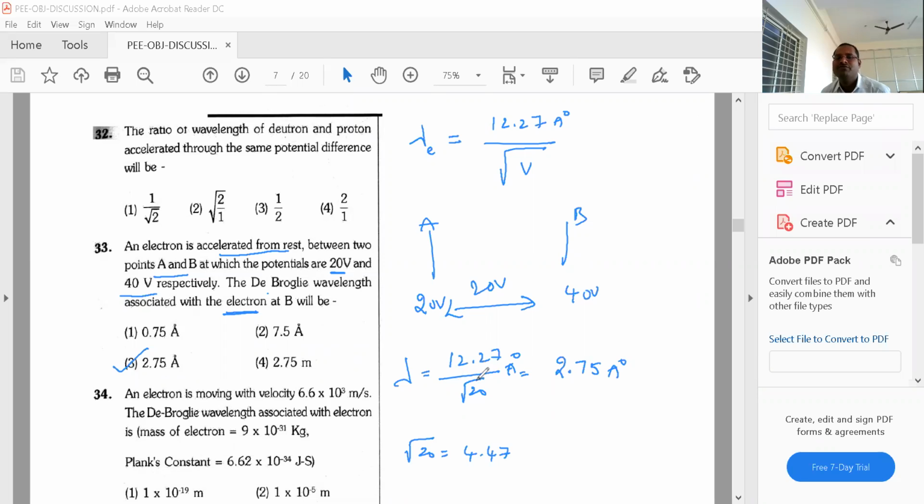So divide 12.27 by 4.47 here, you will get the answer 2.75 angstrom. Clear? Here the answer is in angstrom, not meters, because you are getting your answer in terms of angstrom. Don't get confused. Yes, 33 is over.